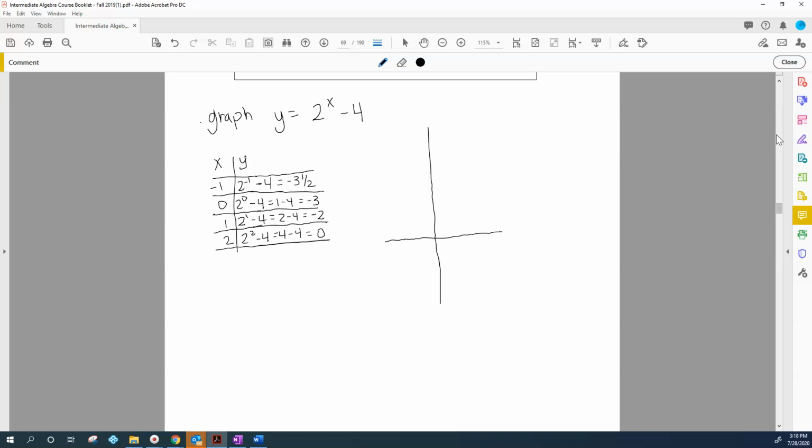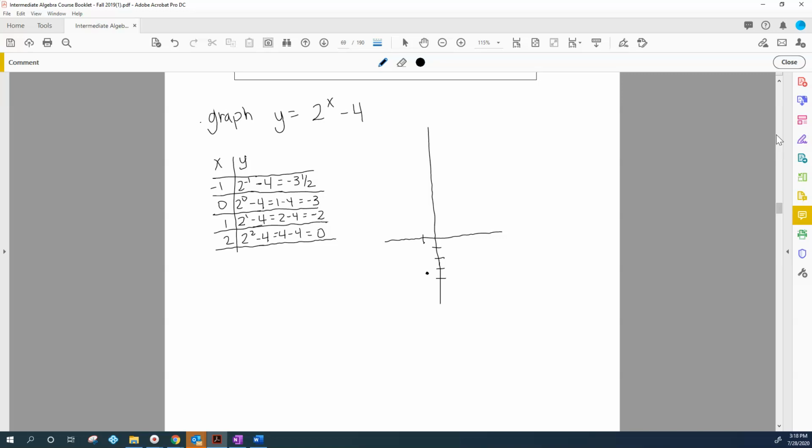We're going to plot these first and see what it looks like and see if we need to maybe plot some more points to figure more out about it. Right, so if I go over -1 and then down 3.5, so 1, 2, 3, 4, so 3.5 would be about here.